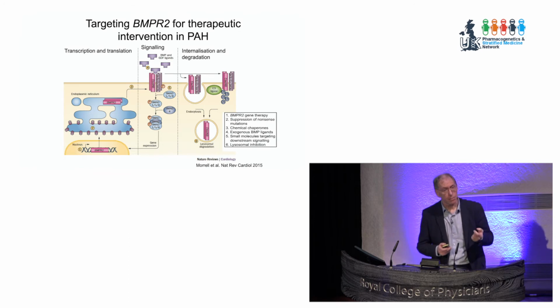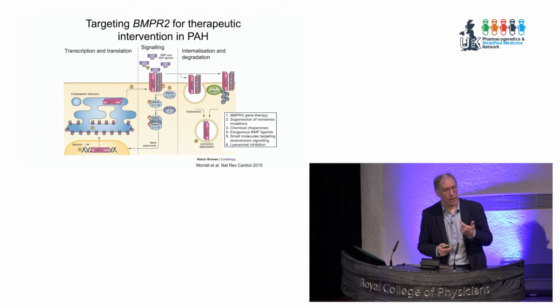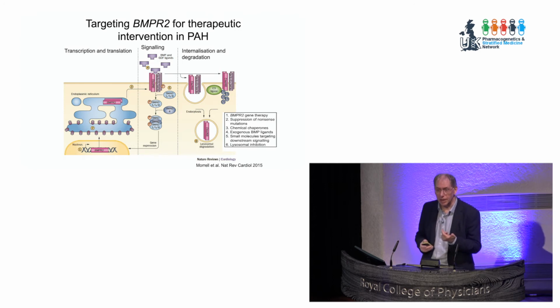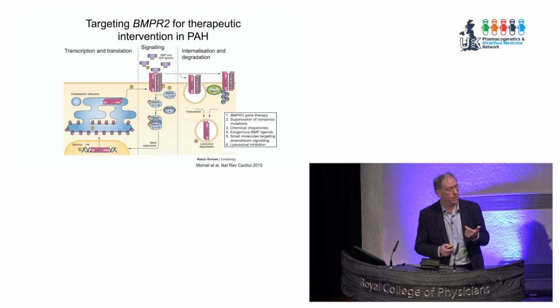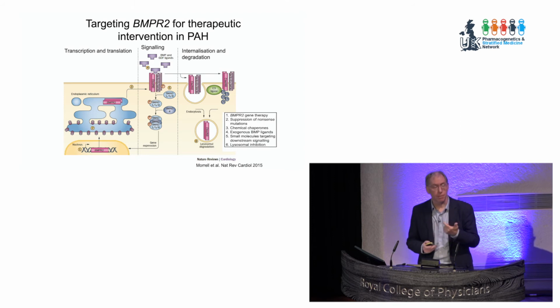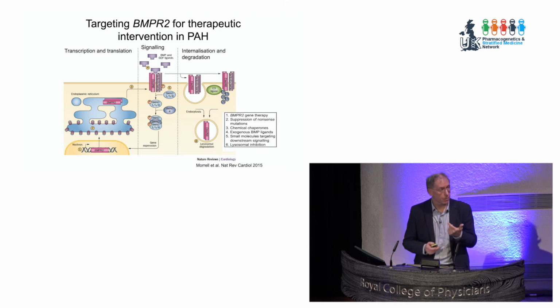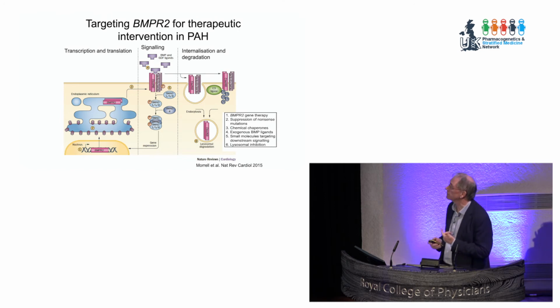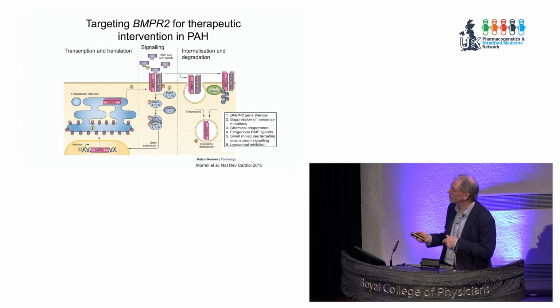And in some cases, they may be very bespoke treatments indeed. So the work around the molecular chaperones and inhibition of lysosomal degradation might be very bespoke to just a few people with a particular mutation in the BMPR2 gene. So we're watching this space with interest.